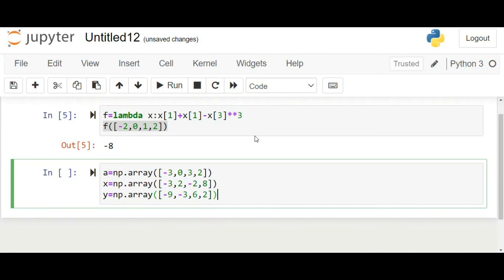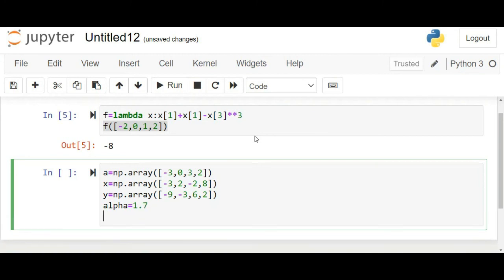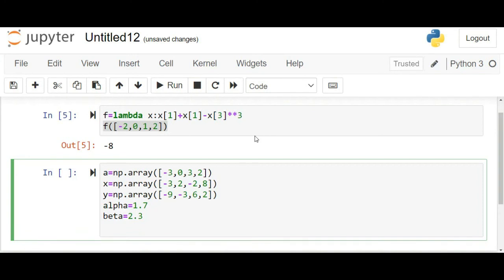These are the values of x and y. Then we will take the value of alpha, and suppose alpha is equal to 1.7, and then we will take the value of beta, and let this value be 2.3.